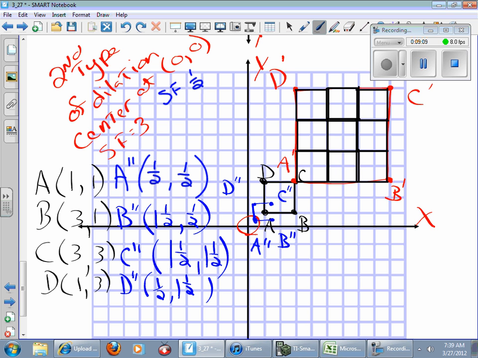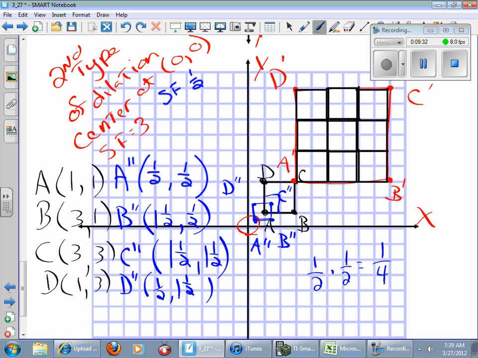And there we go. Now, in this case, the length was changed by 1/2, and the width was changed by 1/2. So my area changed by 1/4. What I'm saying is that this little blue square, A double prime, B double prime, C double prime, D double prime, 4 of them would fit inside the black square.